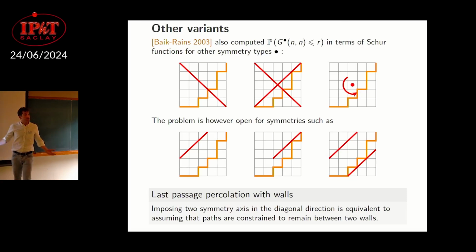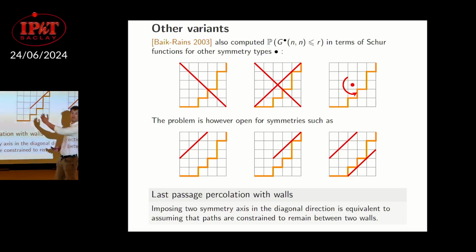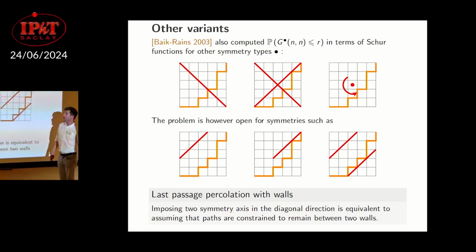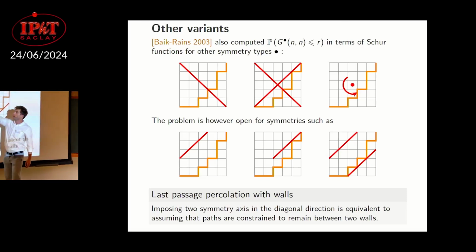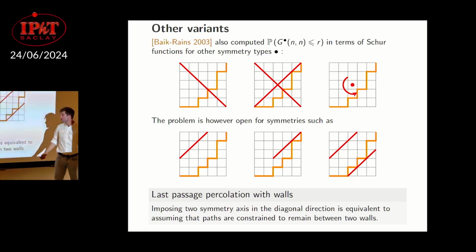There are, however, cases which we don't know how to solve. We don't know how to write the probability distribution of the last passage times when, for instance, we have a symmetry with respect to a line which is shifted, which is not really the diagonal line. Or maybe it's on the diagonal, but it's only a segment. We don't impose a symmetry on the whole of the weight matrix.